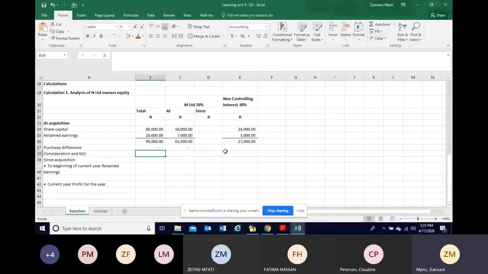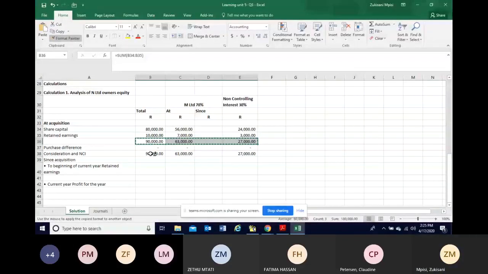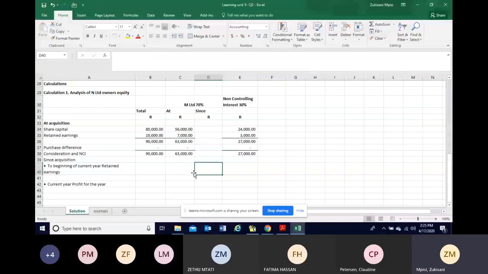Therefore, we do not have any goodwill. Therefore, the 90,000, the 63,000, and then eventually the 27,000 remain. So we've got 63,000, 90,000, and 27,000.